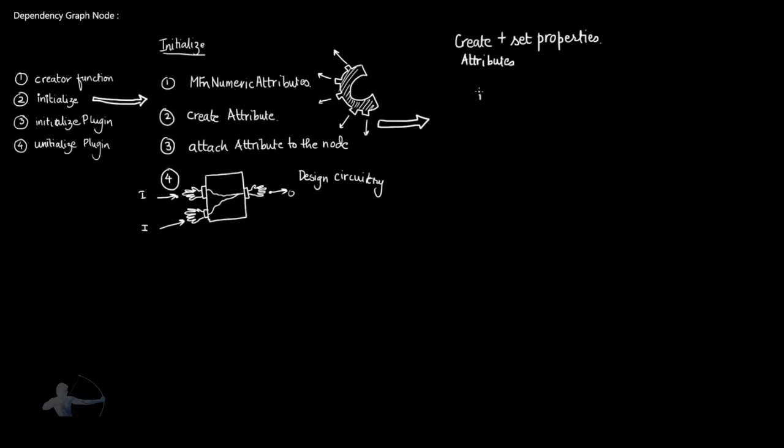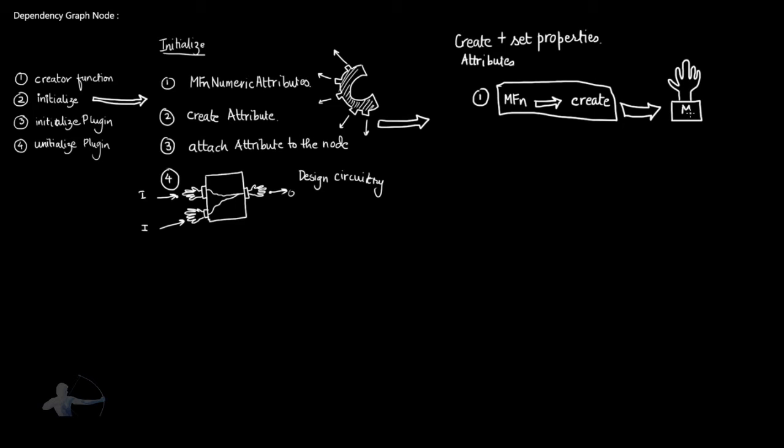So in this first step, we will create the attribute using the function set. So we will use the MFn function set's create method to create the attribute. This is what we are going to use. And what this will return to us is an MObject handle.